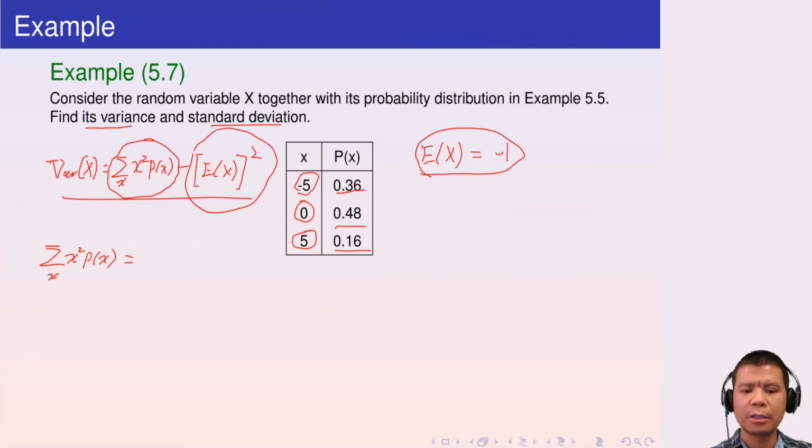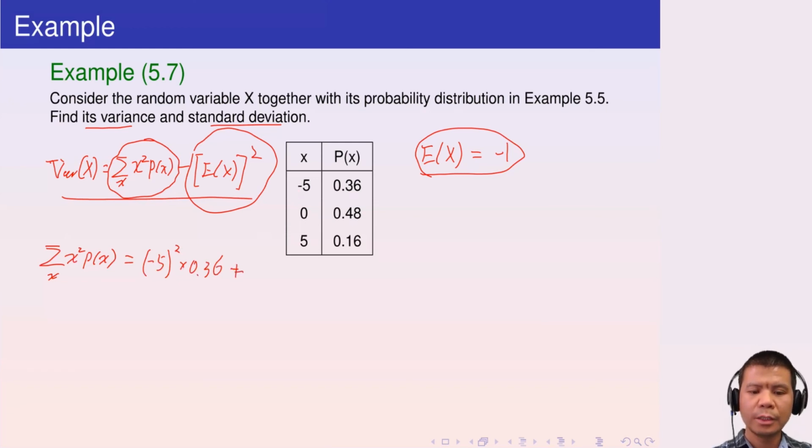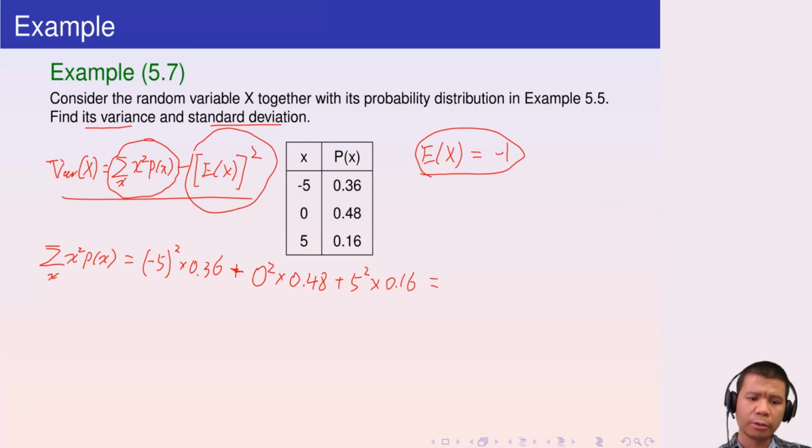For instance, this is the -5 here, so I'm going to take the square of -5 times the probability 0.36, plus 0 squared times 0.48, and finally 5, take the square, and then times its probability. Now you can put them together using the calculator. It equals 13. So this summation equals 13.